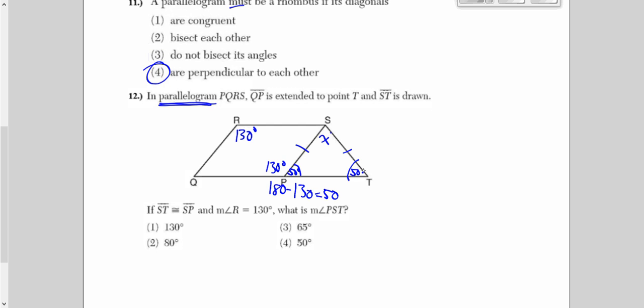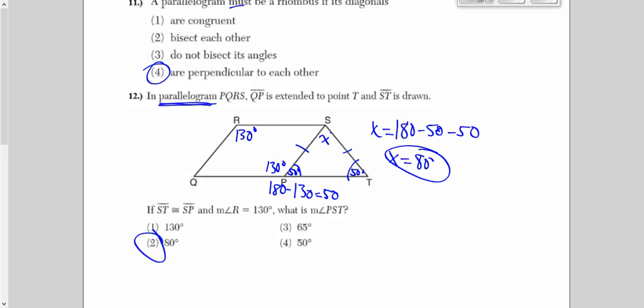How would we find X? 180 minus 50, in other words 180 minus 100, right? 80 degrees. Yep, you just got to start getting a feel for this. You got to keep your mind open to all the other stuff we've learned. Okay? All right, moving along.